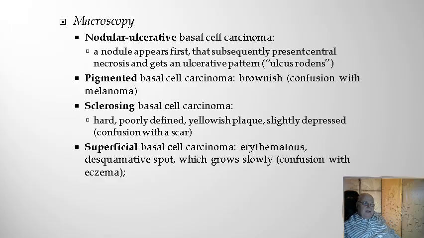Mostly this basal cell carcinoma macroscopically generates initially a nodule growing, so it's an initially vegetant tumor, which very soon will generate necrosis inside the nodule, becoming ulcerative. So the nodular ulcerative growing pattern is by far the most frequent one, but it's not the only one.